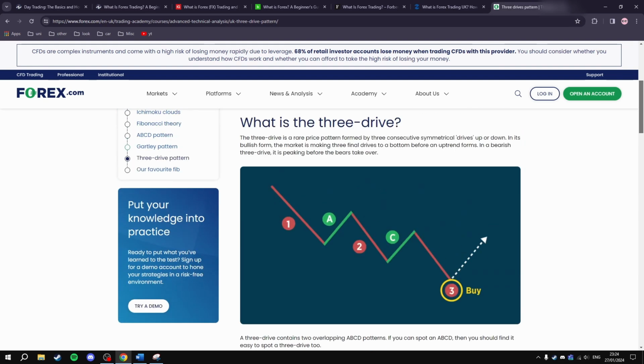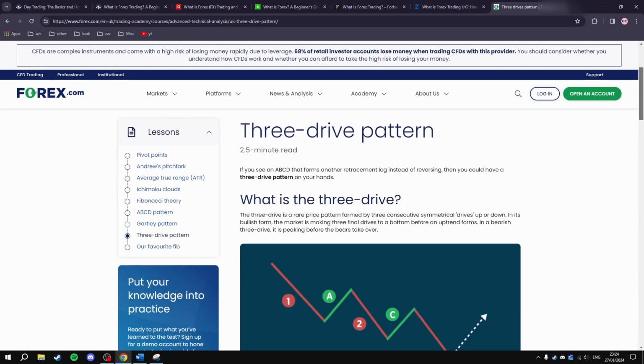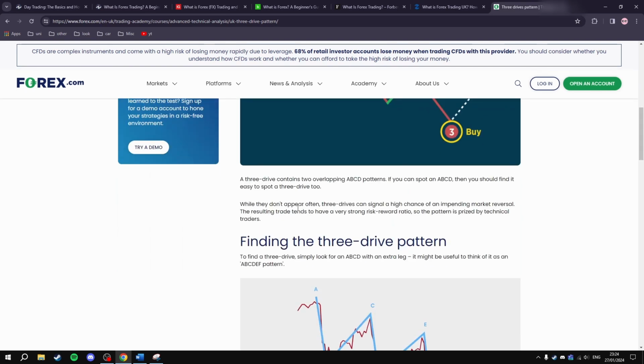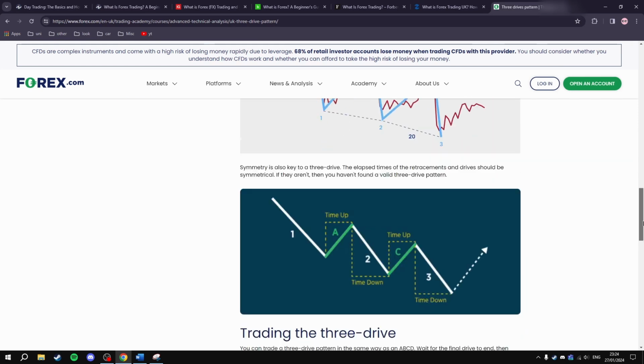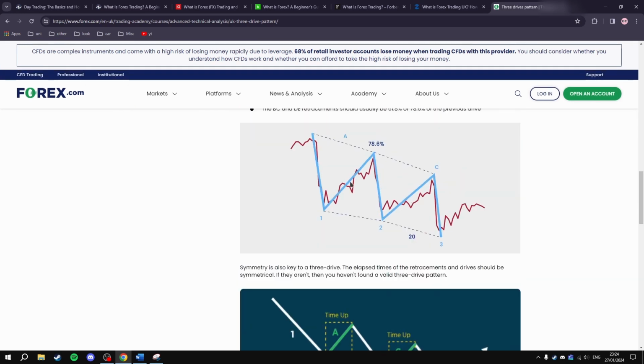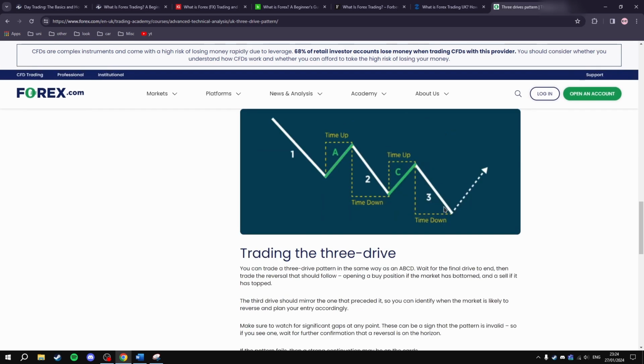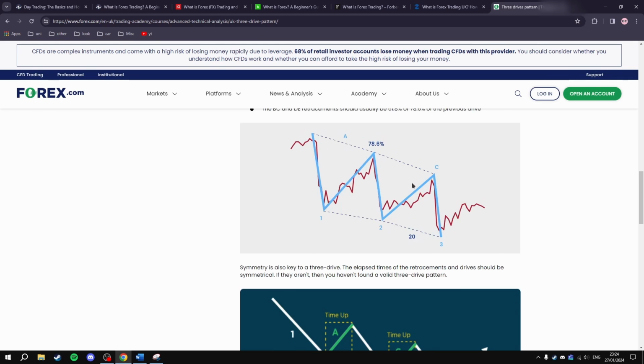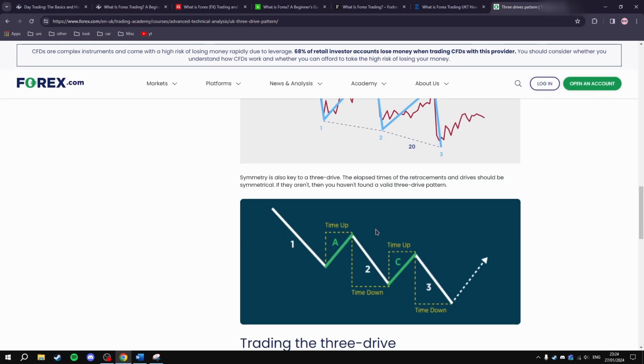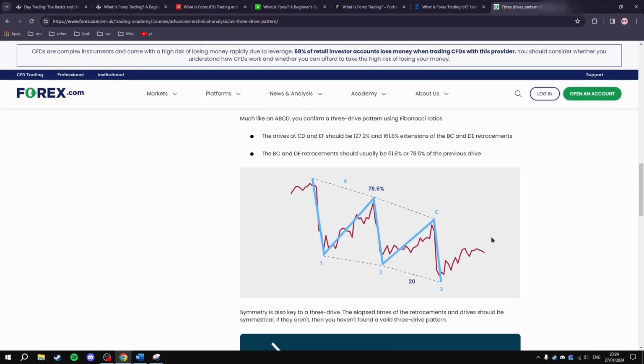So, high chance of market reversal. If you see A, B, C, D, E, F, that one would go back up again, because that went down first.